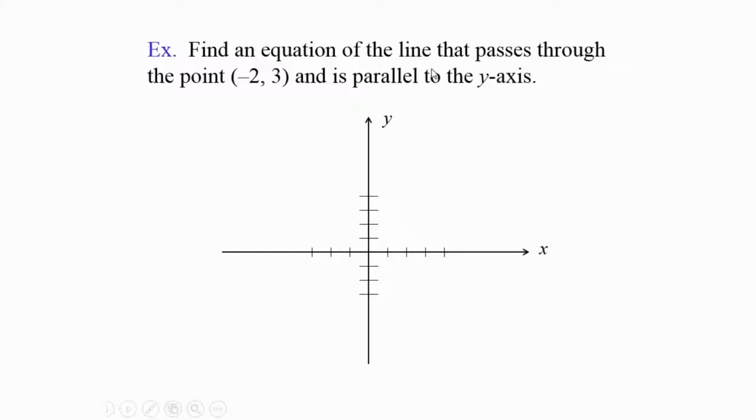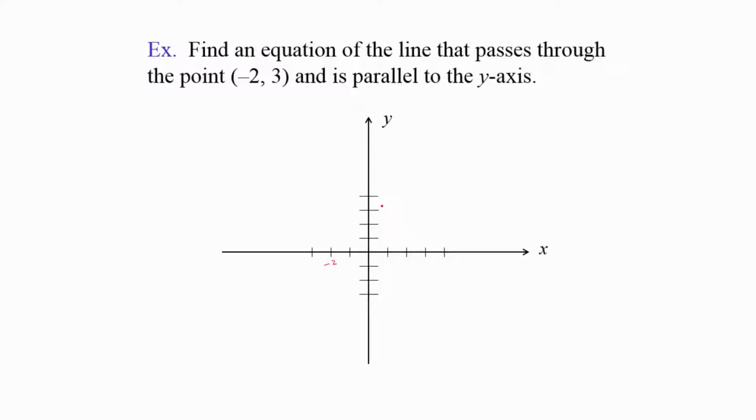Now here is a problem, an example. It says find an equation of the line that passes through the point -2 and 3 and is parallel to the y-axis. It's parallel to the y-axis and it passes through -2, x coordinate is -2 and y is 3. So -2 and 3, here is -2.